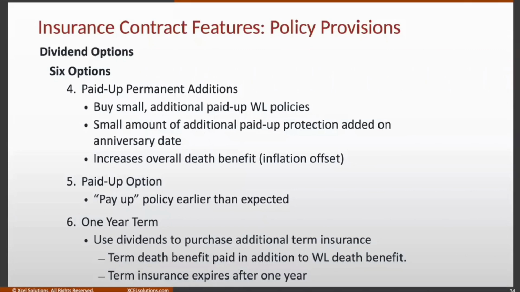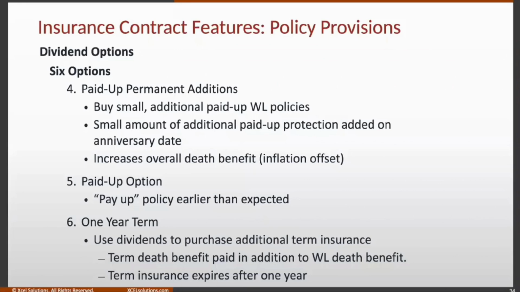So if that person died during that year, not only would the reduced death benefit on the original policy be paid out to the beneficiary, but so would the death benefit on the term policy, making them be very close to receiving the full amount of the original face amount of the policy. It's just coming some from the whole life policy and some from the term insurance that is on their life for that 12-month period of time.